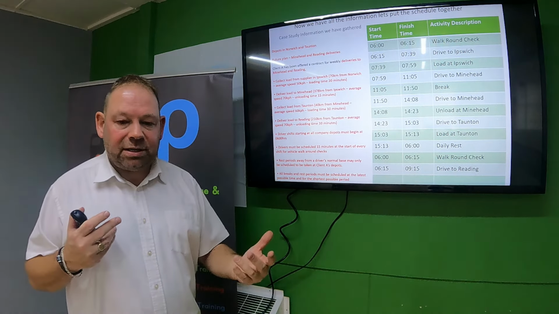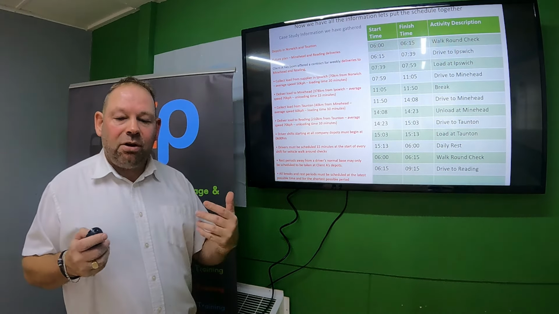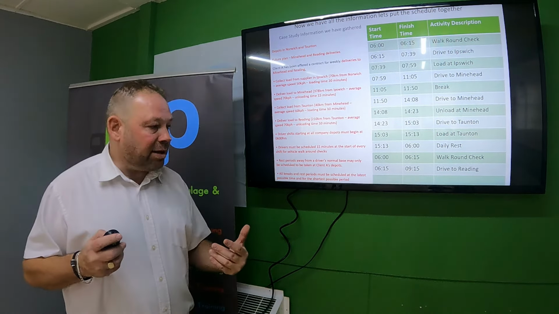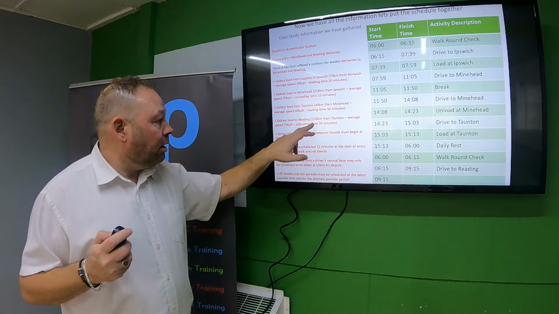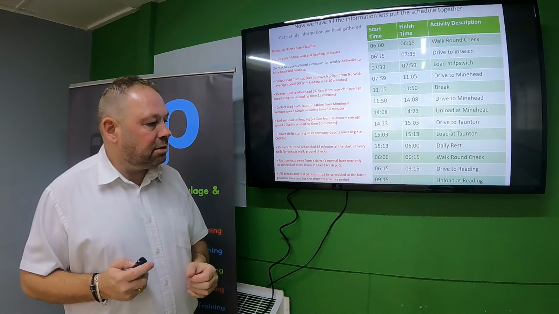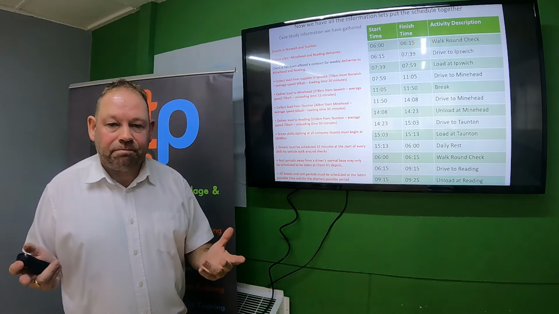Where are we finishing our schedule? The question told us to finish our schedule after we had unloaded at Reading. So at 9:15, unloading time 10 minutes, 9:25, our schedule's finished.